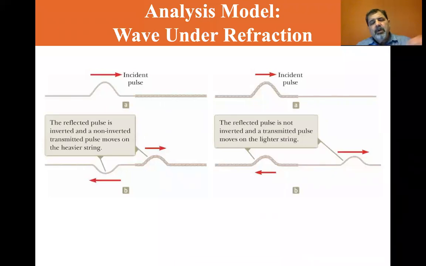If you have an incident pulse traveling on a rope in A, it's going from a light rope to a heavy rope.